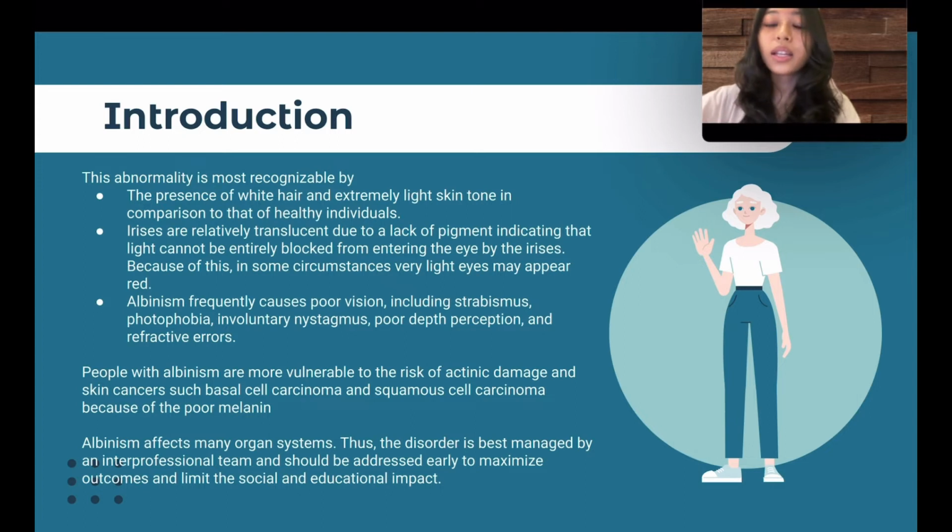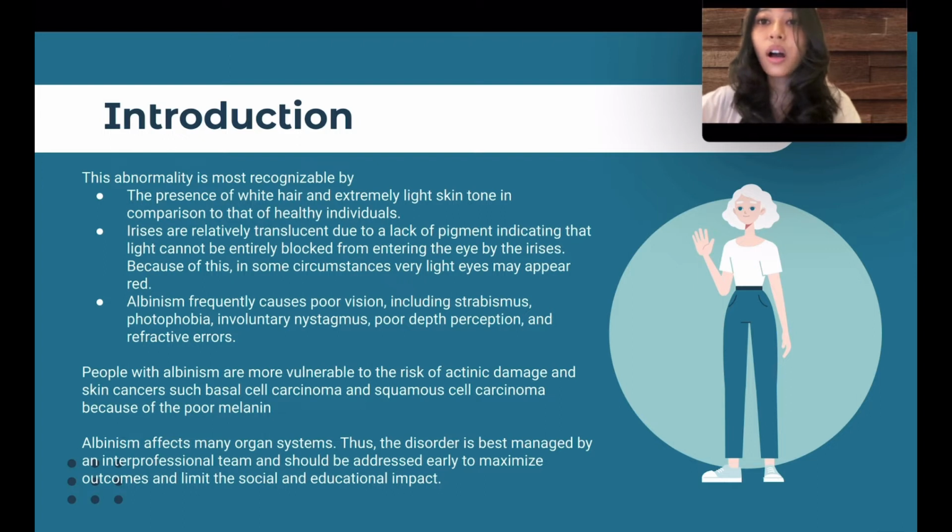This abnormality is most recognizable by the presence of white hair and extremely light skin tone. Irises are relatively translucent due to the lack of pigment. Because of this, in some circumstances, very light eyes may appear red.